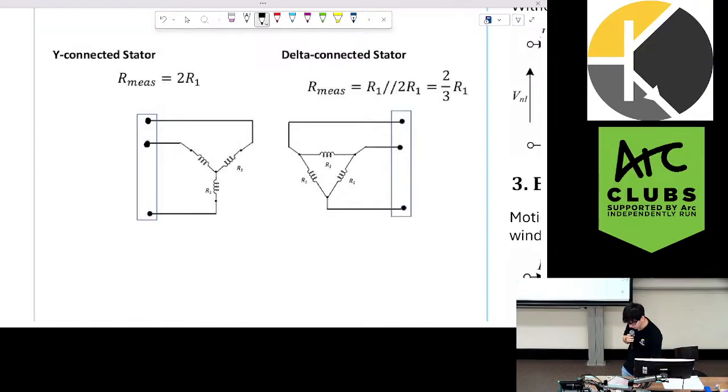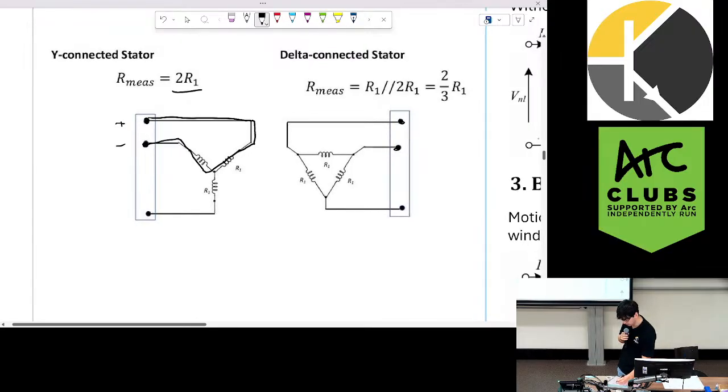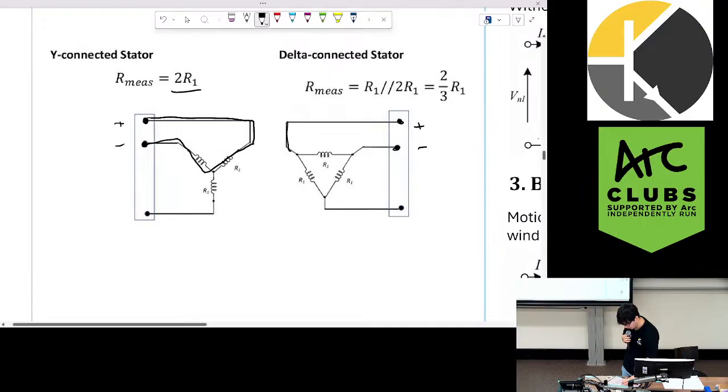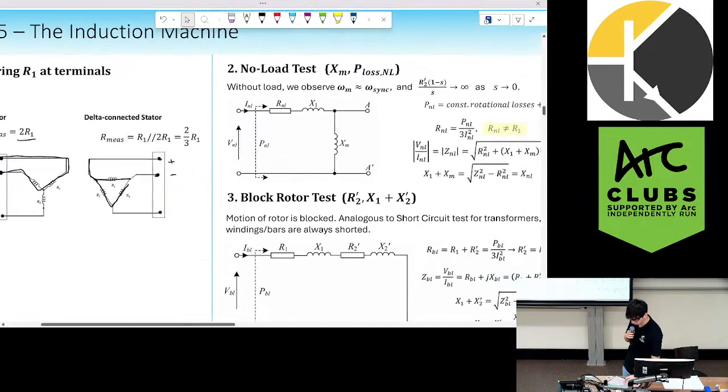In star, the resistance we measure between these two terminals is two resistances in series, so this is simply going to be twice R1. If we're in delta, if we look at the resistance between these two terminals, we have one resistor in parallel with the sum of these two resistors. So R1 parallel to 2 R1, which is 2 on 3 R1.